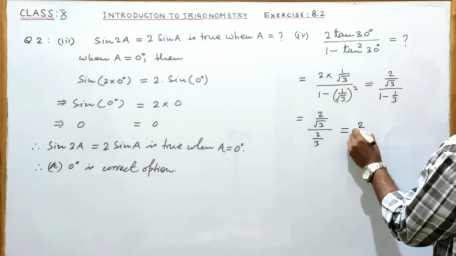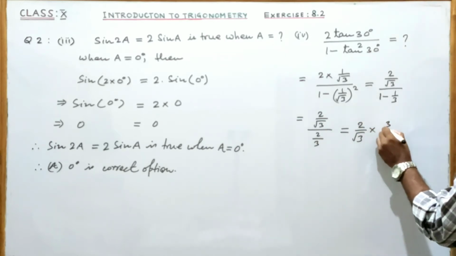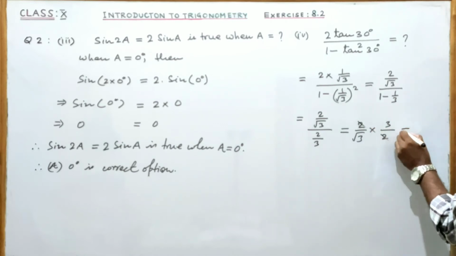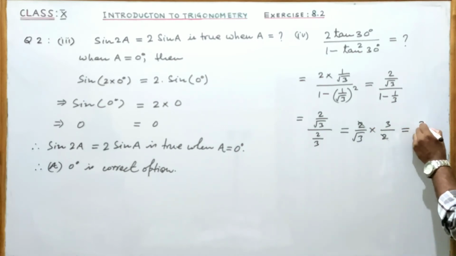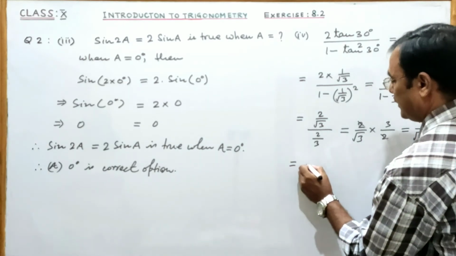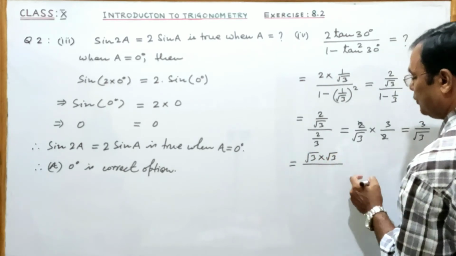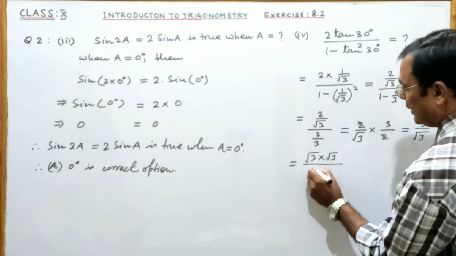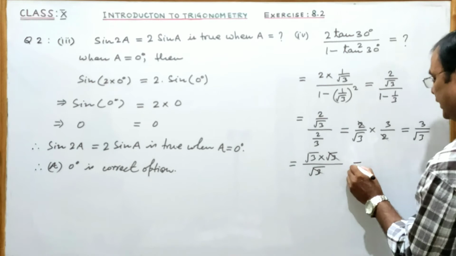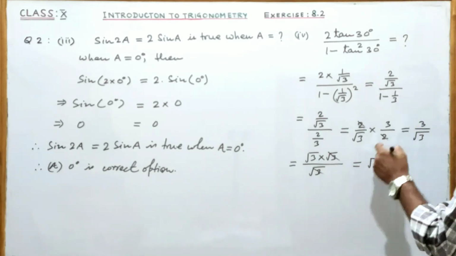This is equal to 2 by root 3 into 3 by 2. This 2 cancel and we are getting 3 by root 3. This 3 we can write root 3 into root 3 in the numerator, and denominator is already root 3. So root 3 cancel, so we have got root 3.